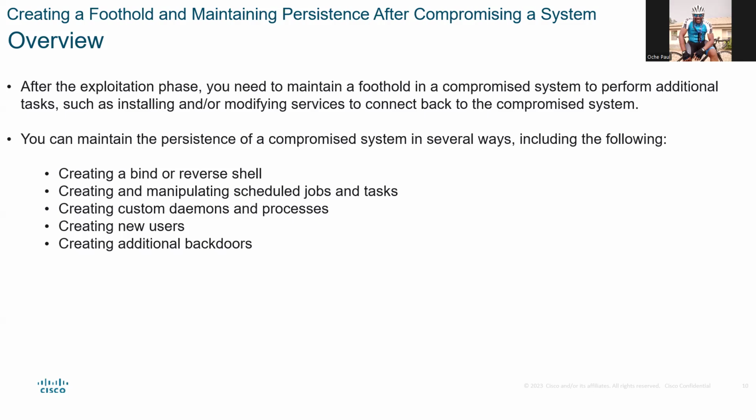Creating custom daemons and processes. Daemons are like tiny messengers that are attached to every service, which carry out the actual work for the service. And each time they initiate a particular service, a process is initiated. Creating new users, then creating additional backdoors so that once they close one door, you can always come back.